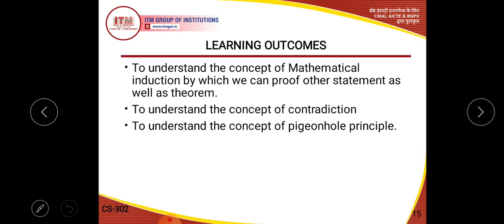I have said that with the help of mathematical induction, we can solve many complex problems, many complex theorems very easily, because mathematical induction is used for generalization. If we want generalization of any theorem, we apply mathematical induction.